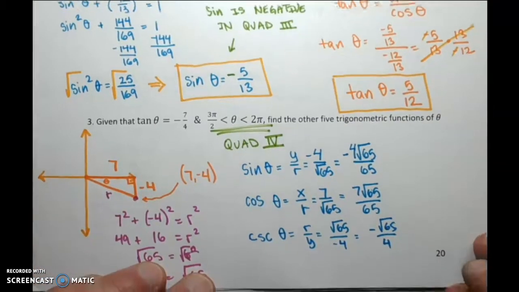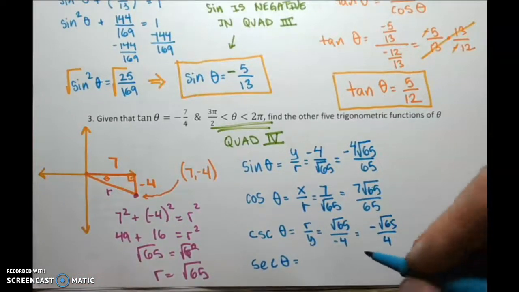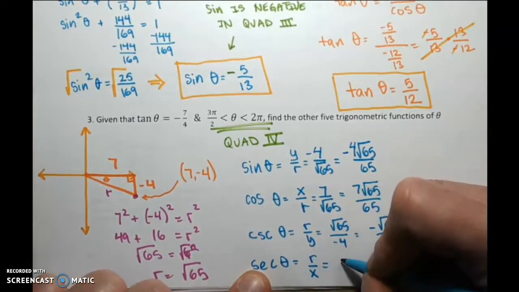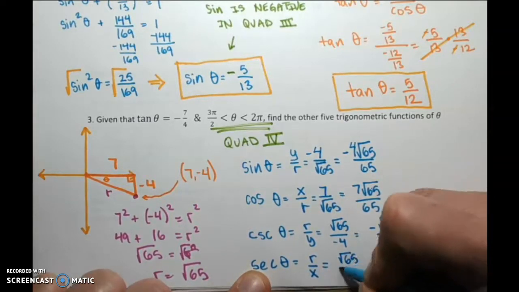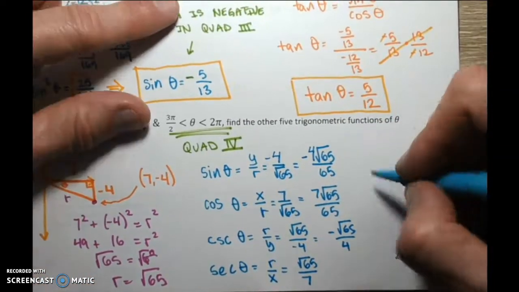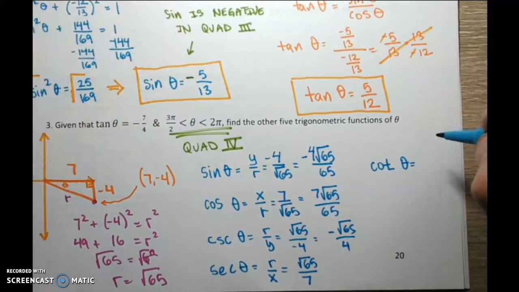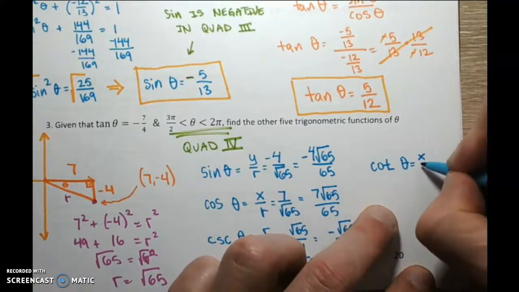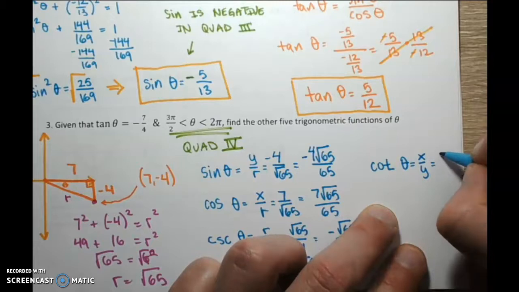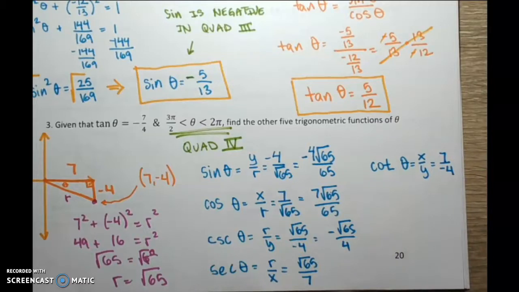I didn't need to rewrite that one. Secant theta is r over x. So that's root 65 over 7. And I kind of run out of room. I'm going to scoot over here. Cotangent theta is my what? It's my x over y. And that is my 7 over negative 4. Nope.